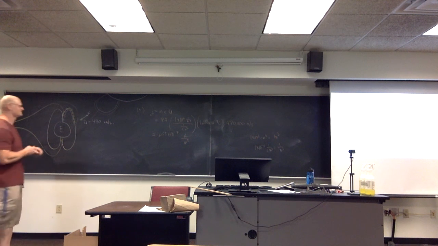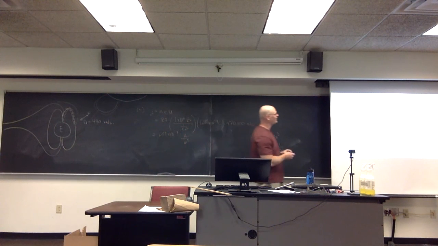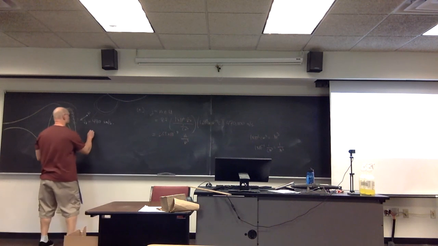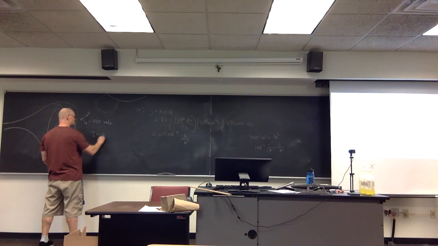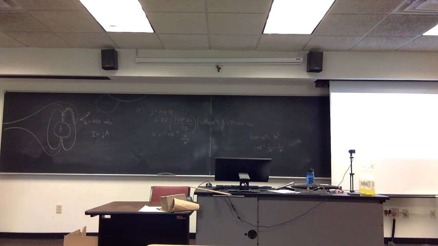Okay. So this is our current density. Then it says, if the Earth's magnetic field did not deflect the protons, what is the total current that the Earth would feel? So we know that the current would be equal to simply the current density times the cross-sectional area.